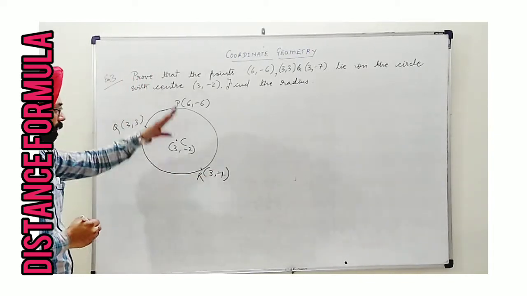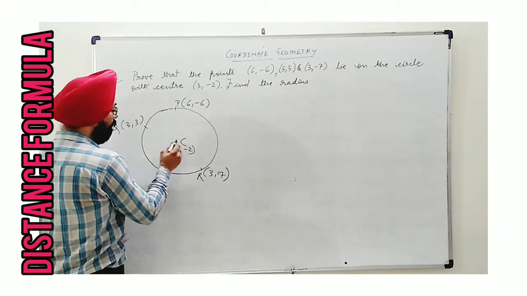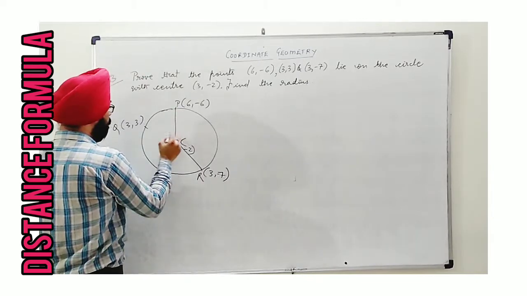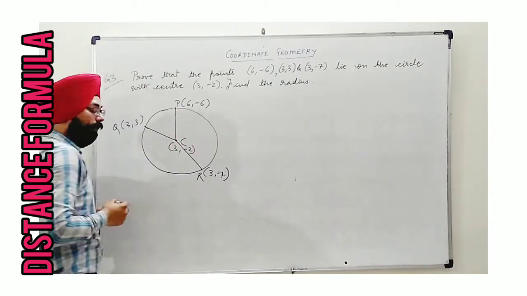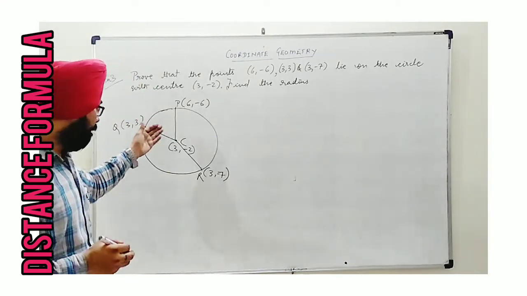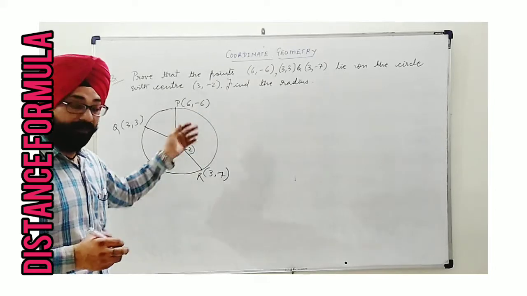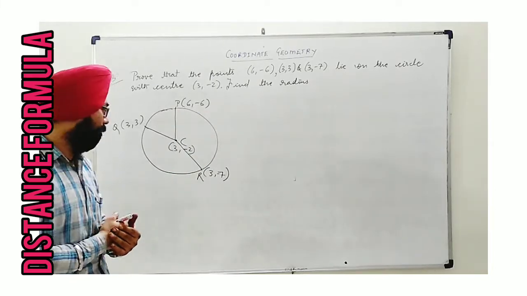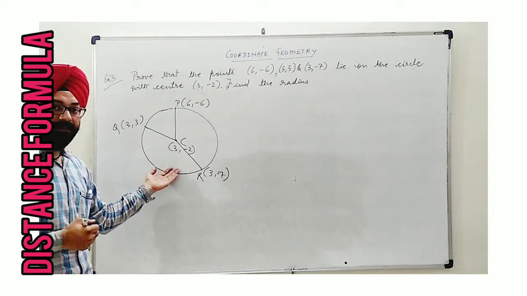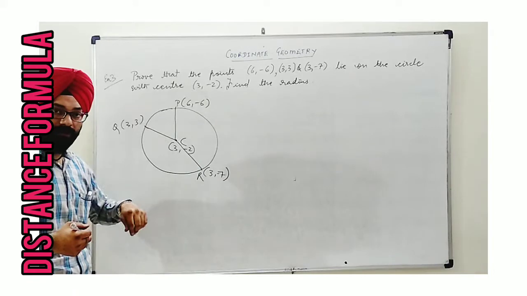If they are lying on the same circle, for sure the distances of center from them, CR, CP, CQ, all three distances must be equal, and these distances will be the radius of the circle, because radius is same everywhere. So this way we have to apply distance formula in this concept. So this way, finding distance between center and the points, we can find radius also.